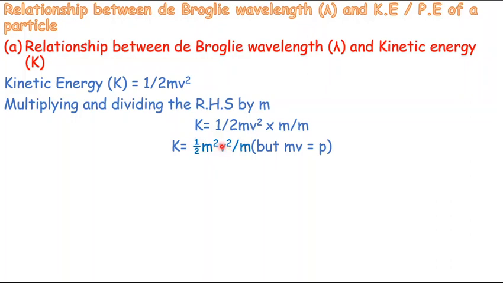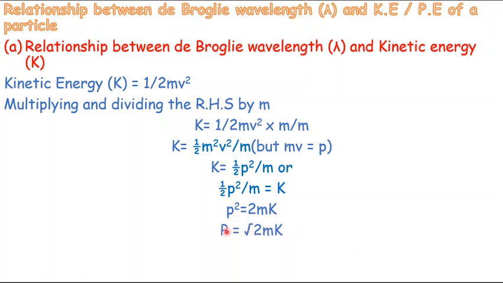But ये m square v square की जगह हम (mv) square भी लिख सकते हैं and that mv is equal to p, जिसका मतलब ये हो जाएगा 1 by 2 p square by m. ठीक? So by simple mathematical operations, we will find out a relationship between first momentum and kinetic energy, और फिर इसको हम substitute करेंगे in the de Broglie's equation.